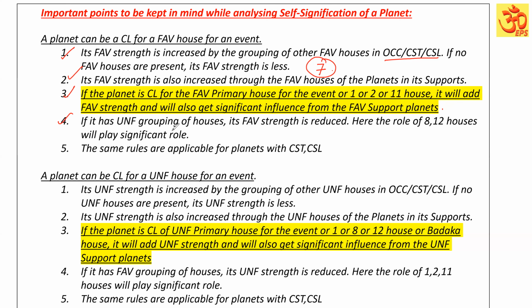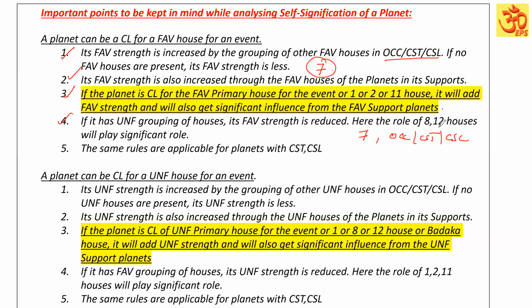If the planet has unfavorable grouping of houses, its favorable strength is reduced. It means a planet is cuspal lord for the primary house, and also it is having unfavorable houses in the OCC, CST, and CSL, then its favorable strength is reduced.